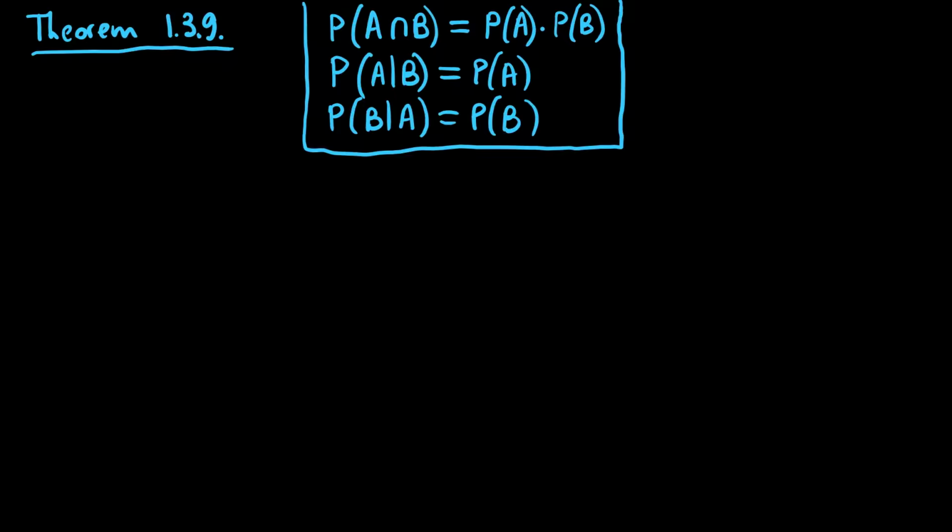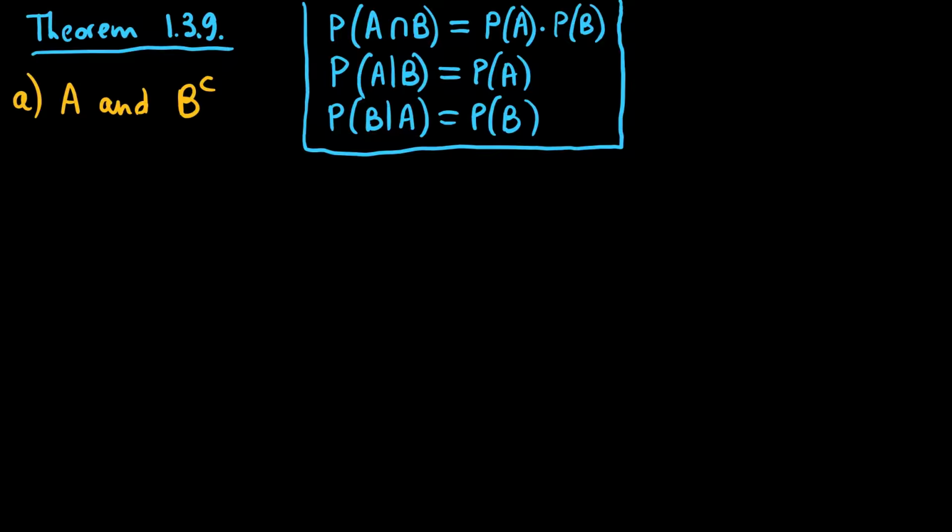Okay, and then we're asked to show in part A that A and the complement of B are also statistically independent. Okay, so let's see. So how do we show that? So what are we trying to show?